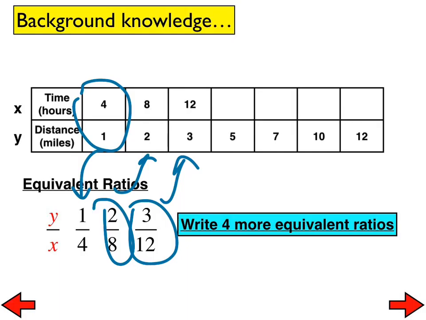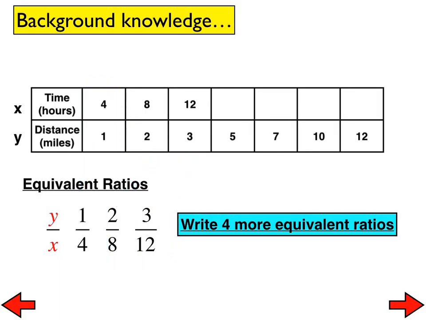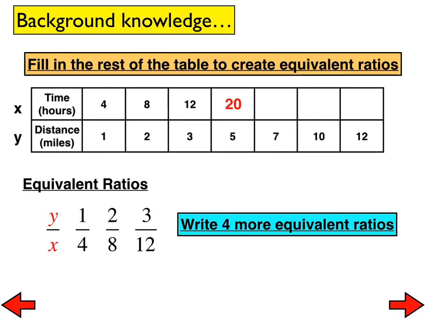This is 2 over 8. This is 1 over 4. Fill in the rest of that table. Next would be 5 over 20, then 7 over 28, 10 over, and 12 over.